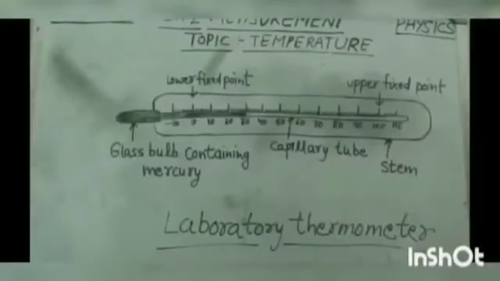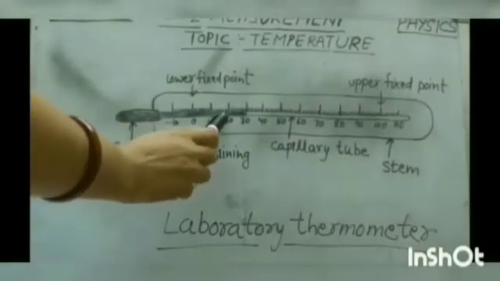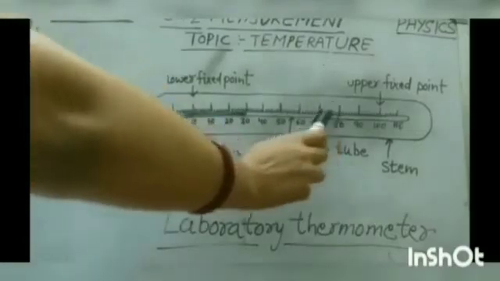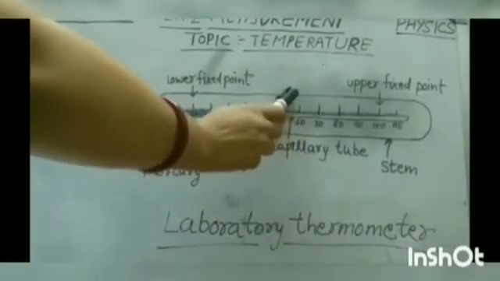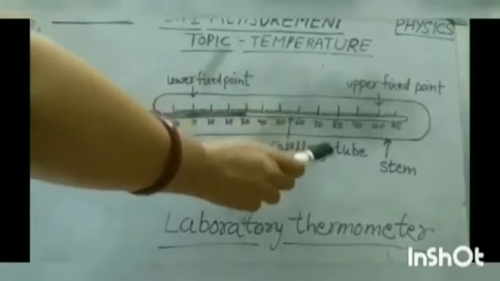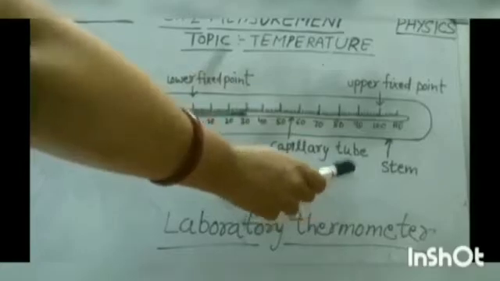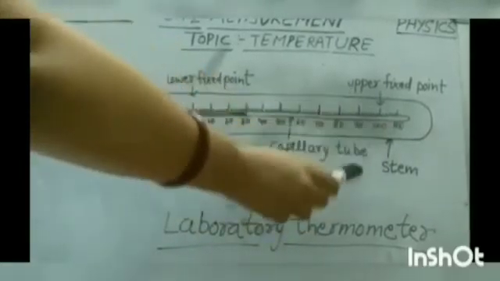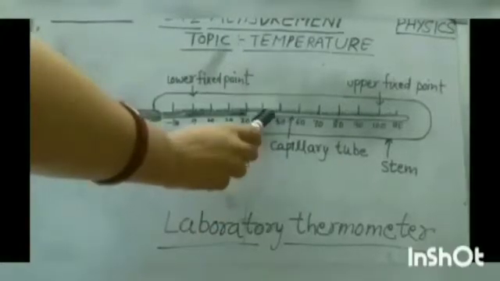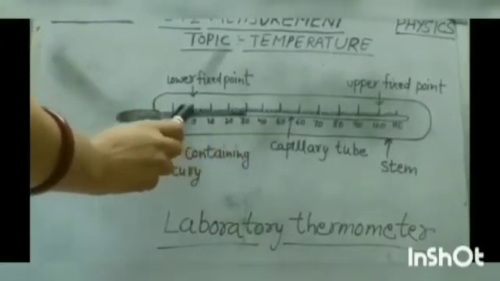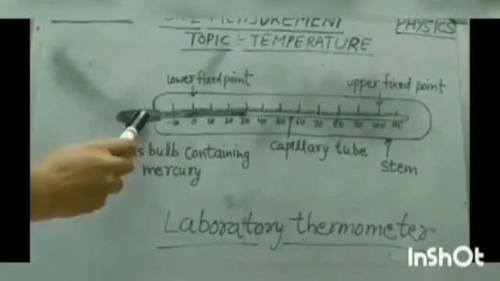A laboratory thermometer consists of a very fine capillary tube protected by a thick glass tube called the stem. One end of the capillary tube is expanded into a glass bulb containing mercury.